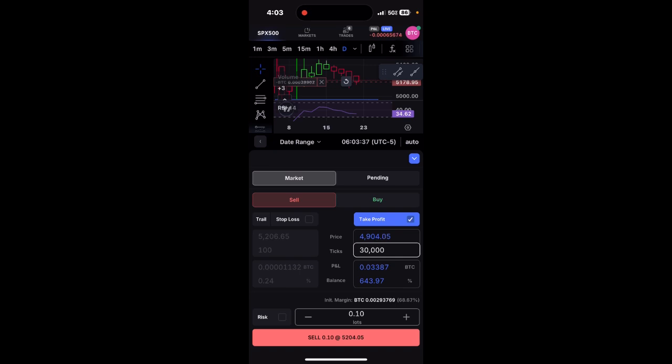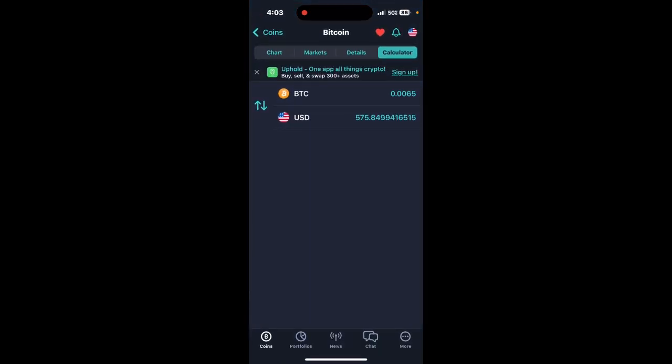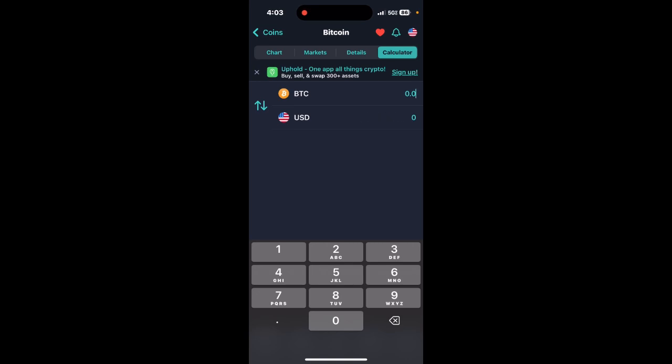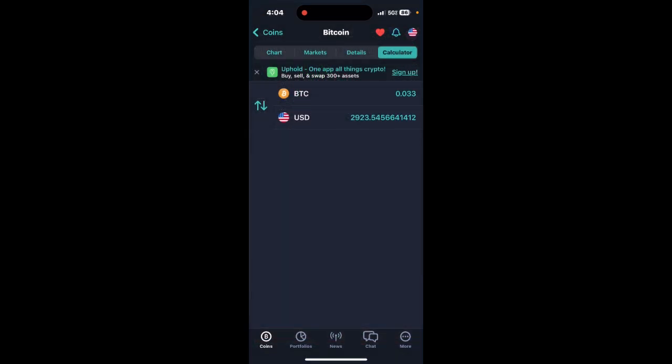And you'll be looking at about the numbers we were looking at, which is 30,000 ticks, that will give you about 0.0033 Bitcoin. So that's about almost $3,000 according to today's price.